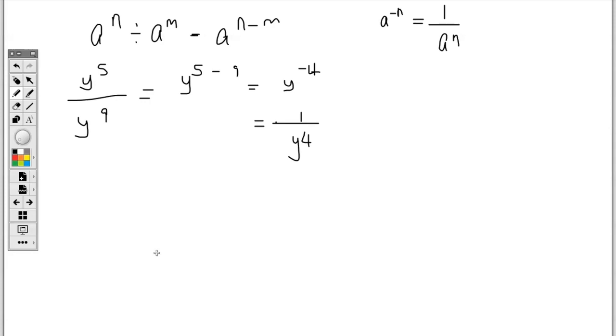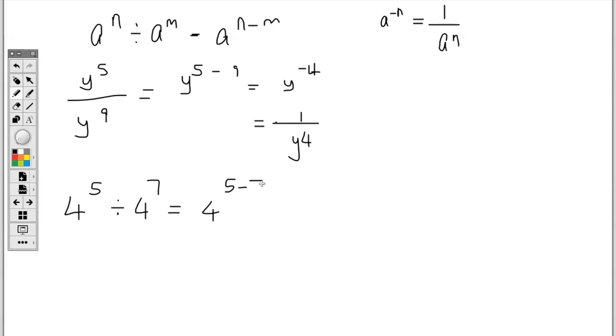Now I'm going to do an example where we have numbers. So let's look at it. If I have 4 raised to the power 5, division sign, and then 4 raised to the power 7. So write the base once. Because it's division, I will subtract.